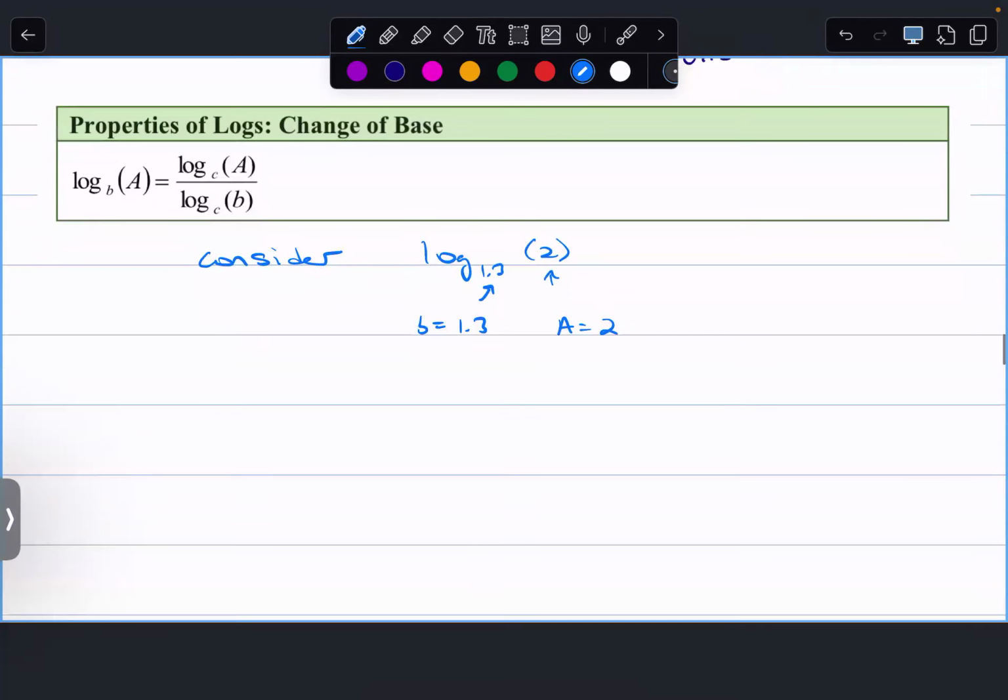And so now convert to log base e, which is the natural log. Then I can follow this. Log base 1.3 of 2 is the same as log base e of 2 over log base e of 1.3. Neat.